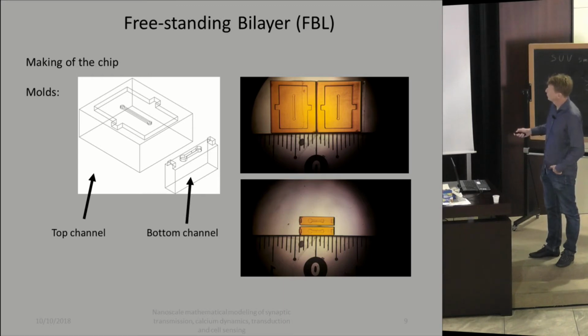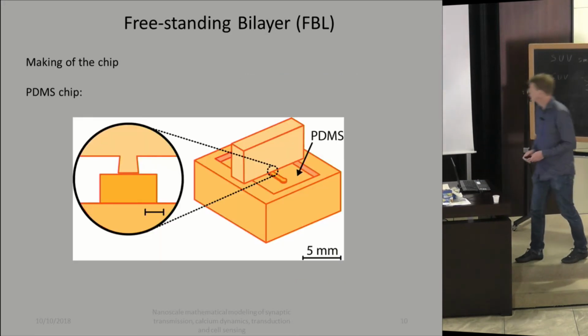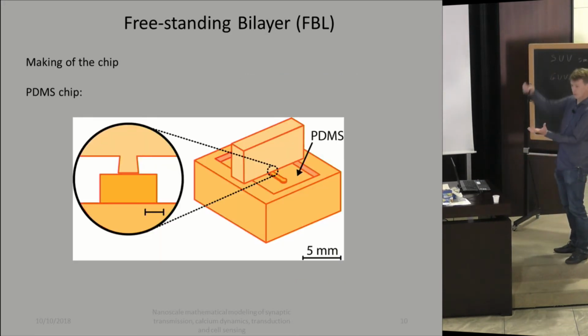So after you enter this drawing in the software of the printer, you get this. So here you have two top molds, two bottom molds. This is where the bottom channel will be. This is where the top channel will be. And in the center, you see the tiny dot. That's a pillar that will connect the two channels. We put them together, so the top on top of the bottom one.